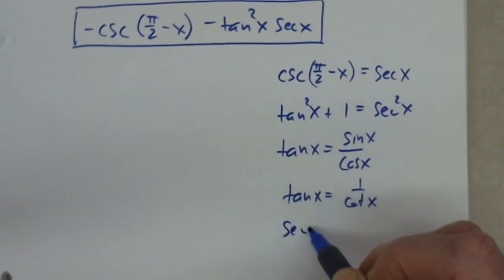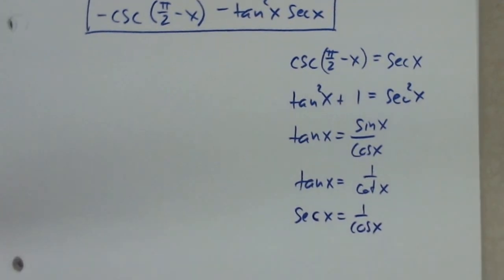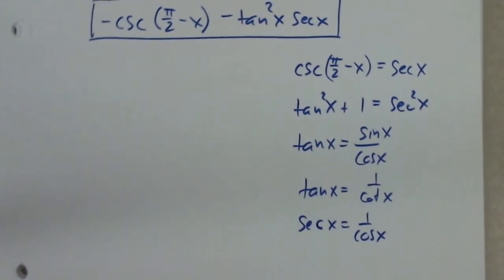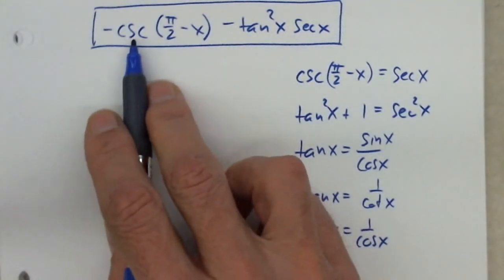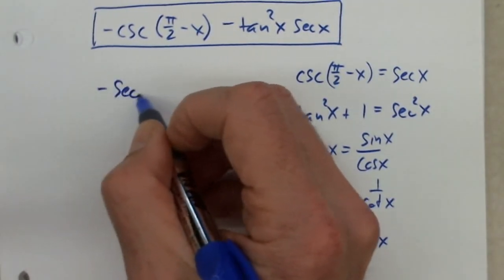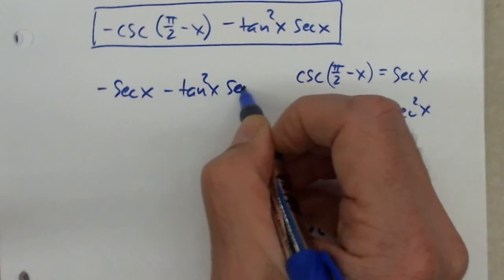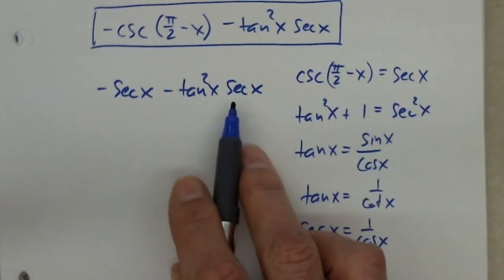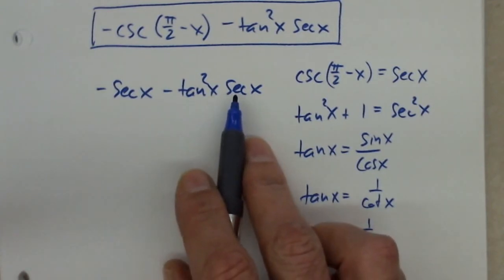Secant is 1 over cosine. So let's see if any of these are going to help us. Definitely want to get rid of that pi over 2, so we can replace it with secant. And here, let's not substitute anything because we have a common factor.